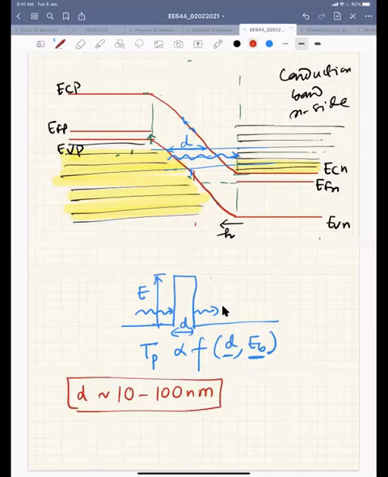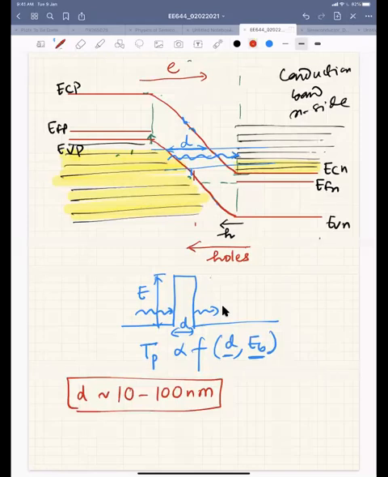When I'm talking about tunneling, the electrons are tunneling from the p to the n side, and similarly the holes could also tunnel from the n to the p side. This is the reverse process, because in the normal forward bias case, electrons go from n to p and holes go from p to n.